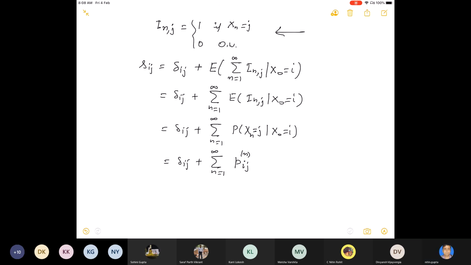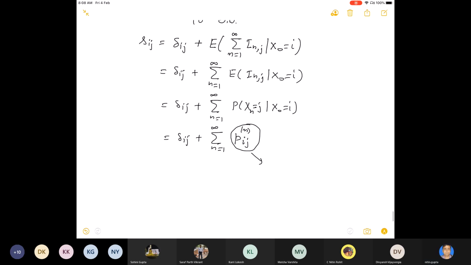Now we know that p_ij^(n), by the Chapman-Kolmogorov equations, can be written as summation over k of p_ik p_kj^(n-1), using Chapman-Kolmogorov equations.